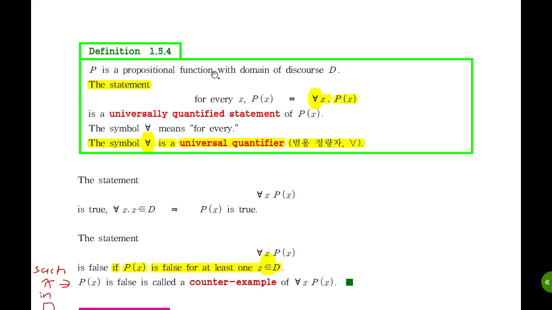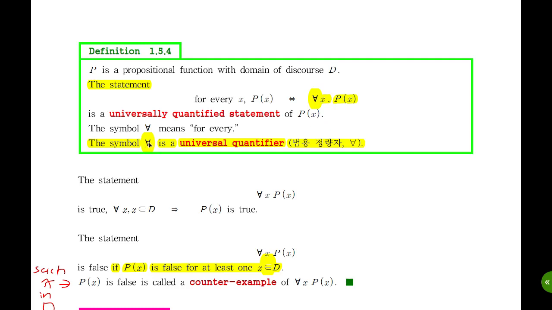For the propositional function P with a domain of discourse, the statement "for every x, P of x", which we can also write as "for all x, P of x", we call a universally quantified statement of P of x.